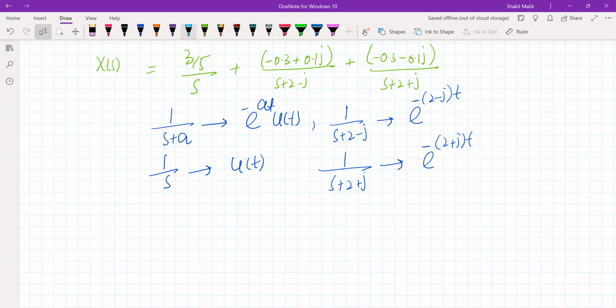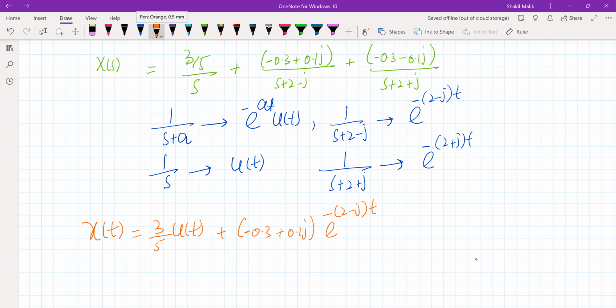So x of t will be simply 3 by 5 u of t plus minus 0.3 plus 0.1 j times e to the power of minus 2 minus j t, plus minus 0.3 minus 0.1 j times e to the power of minus 2 plus j t.